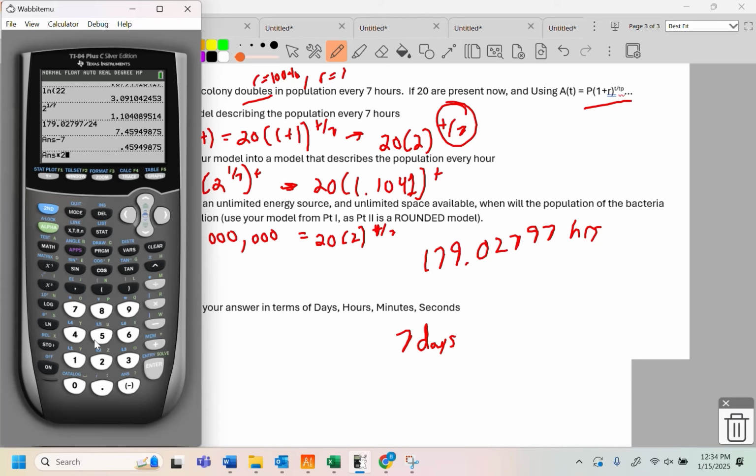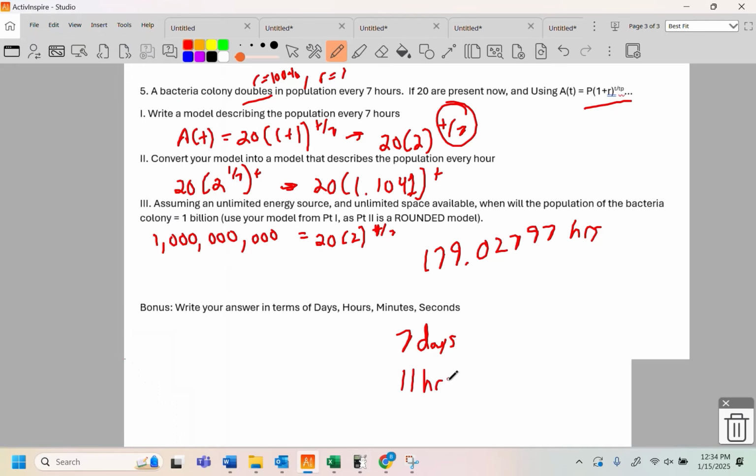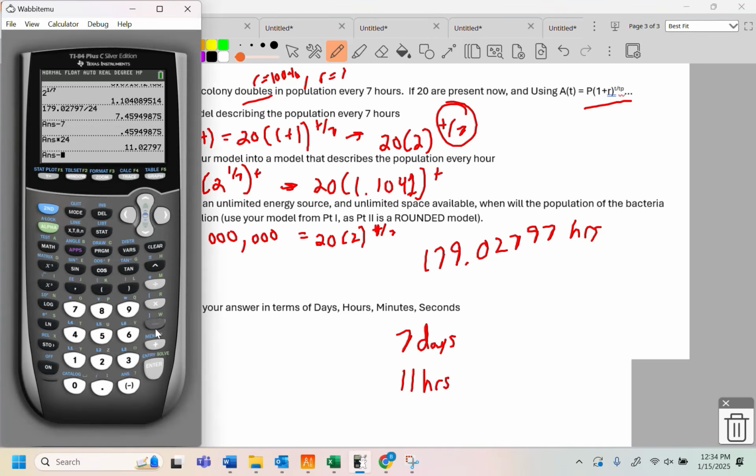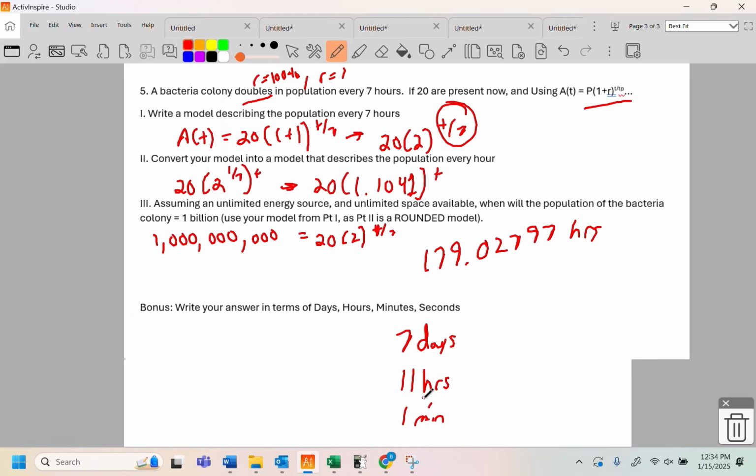I'm going to multiply by 24. This is my hours, 11 hours. I'm going to take away what just got accounted for. I'm going to worry about minutes now, 60 minutes an hour, so times by 60. 1 minute. Take away what I have accounted for.